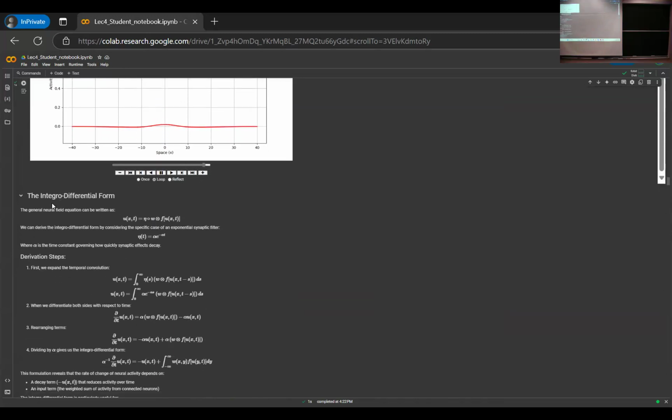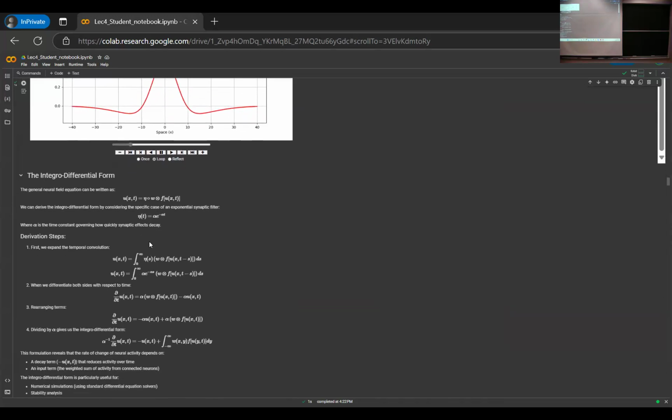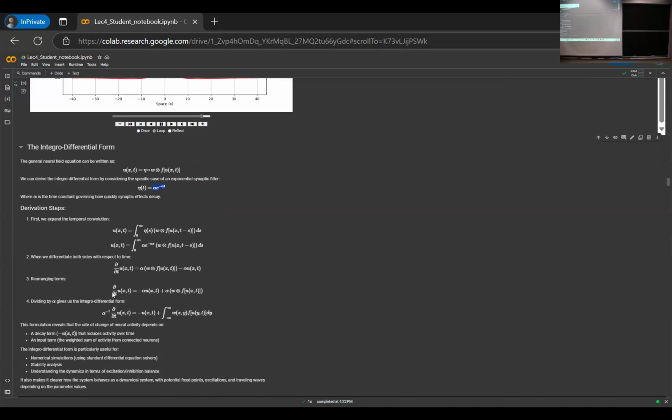But you can also turn the convolution form into an integral differential form. The way that we're doing it here is by assuming that the synaptic kernel is an exponential decay function. So once we do that, it's just substituting eta with this part right here, writing it out, and differentiating both sides with respect to time, and then we get a form that's more familiar.